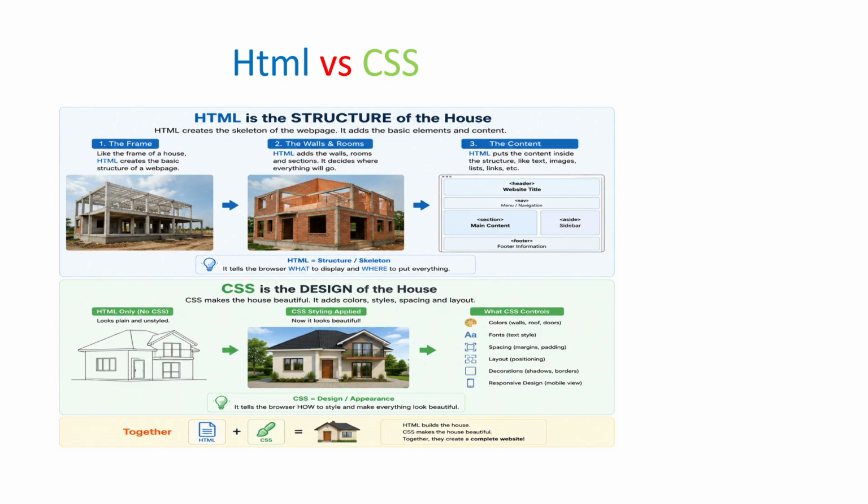So here you see we have HTML. HTML is just the structure, but when you put in CSS, you add the design. CSS makes the house beautiful. Together they create a complete website.